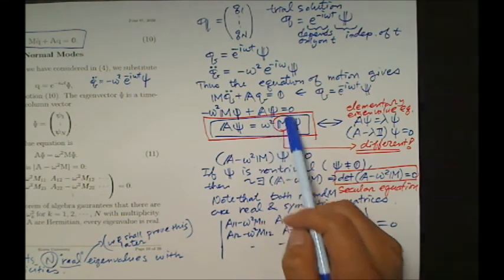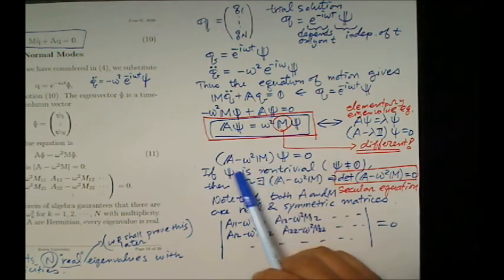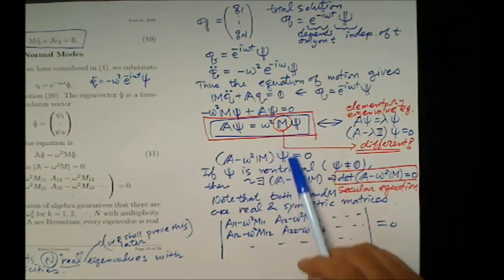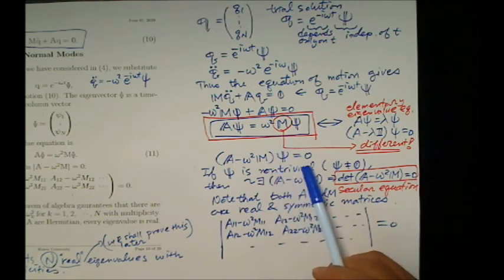We move this to the left hand side to find that A minus omega squared M multiplied by the eigenvector should vanish. Again, we are interested in the non-trivial solution for the eigenvector.